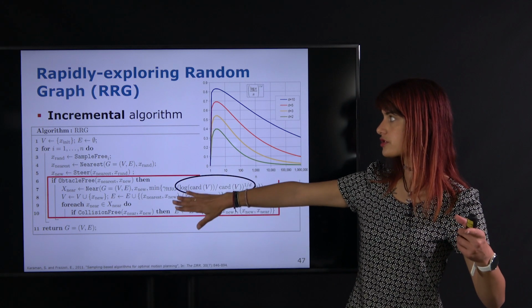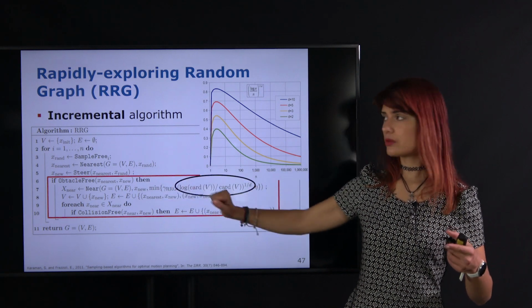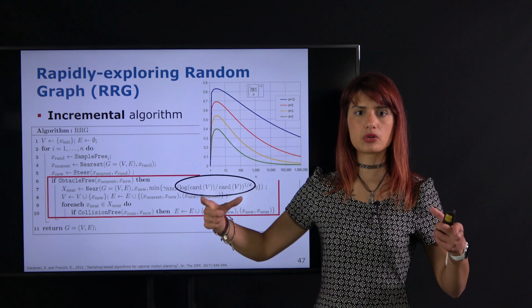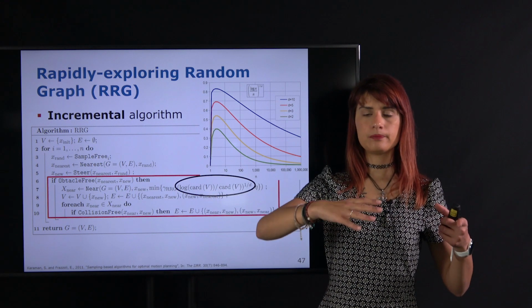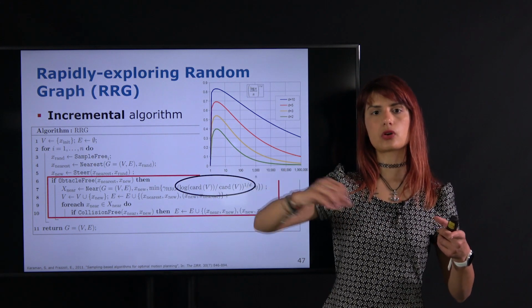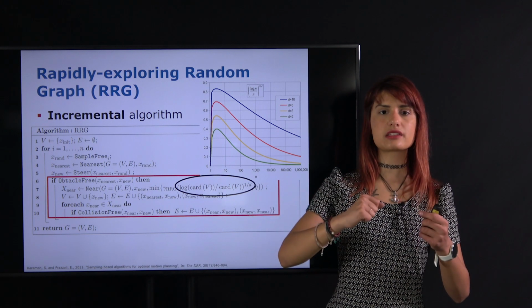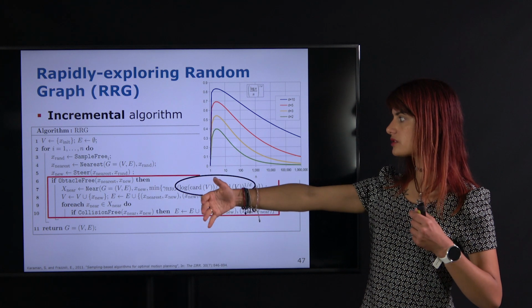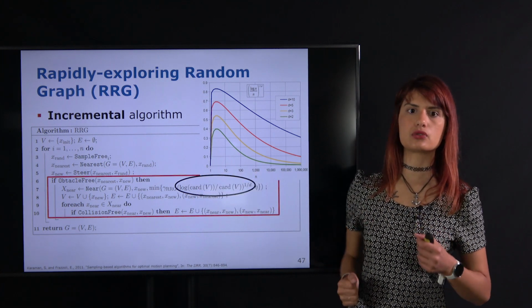If we're just starting out and building our graph, we have a relatively large radius and we check all the neighbors in the neighborhood of the newly sampled node for collision checks. And this is basically the range we want to consider when we add new nodes to our graph.